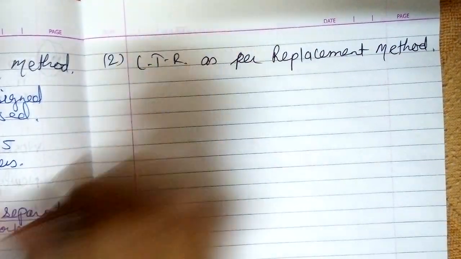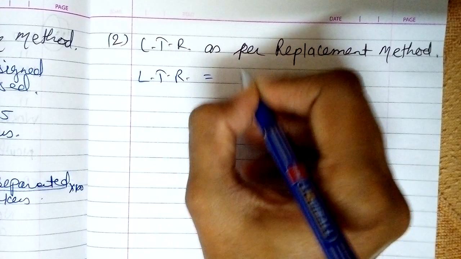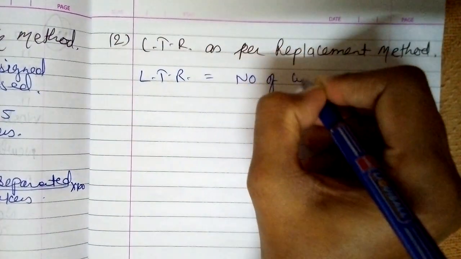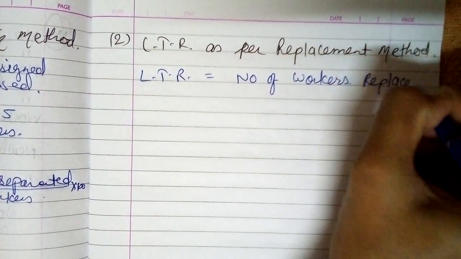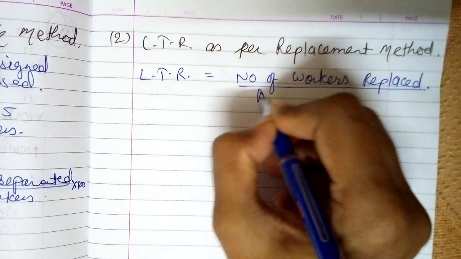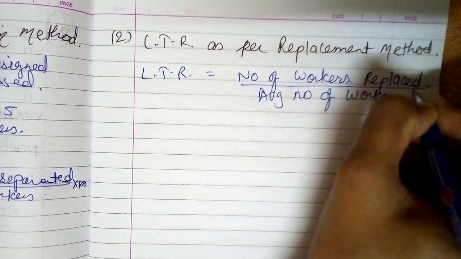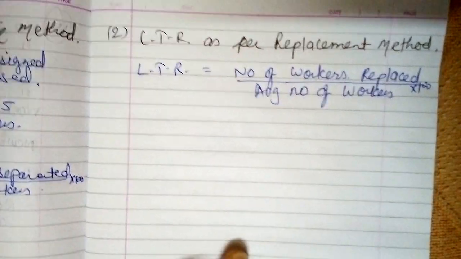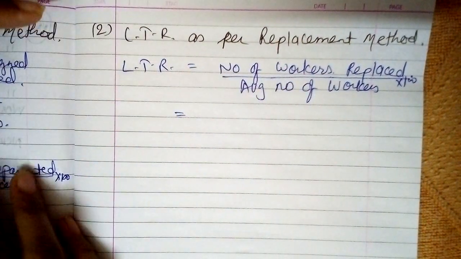So formula: number of workers replaced divided by average number of workers into 100. Alright. So the number of workers replaced.